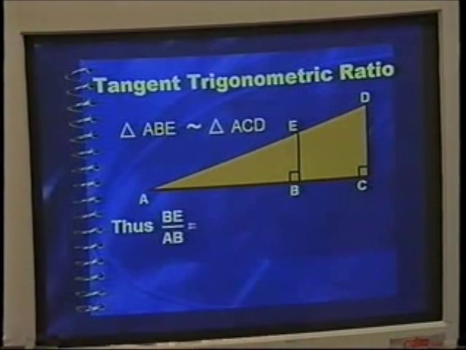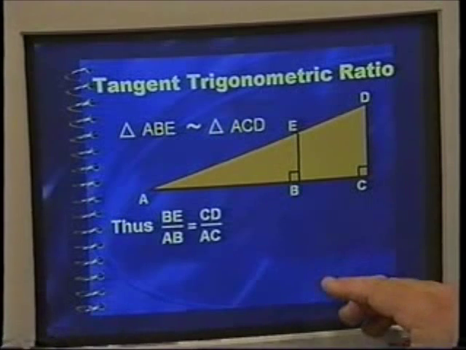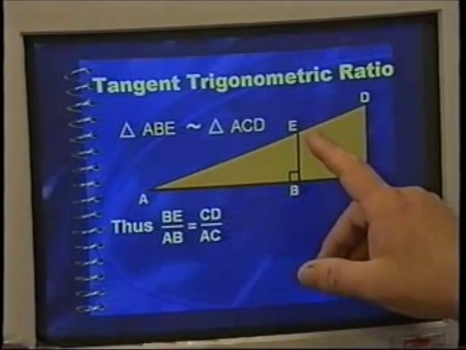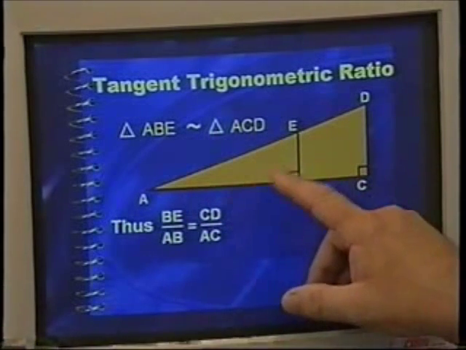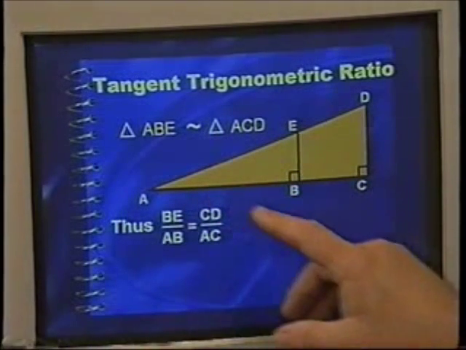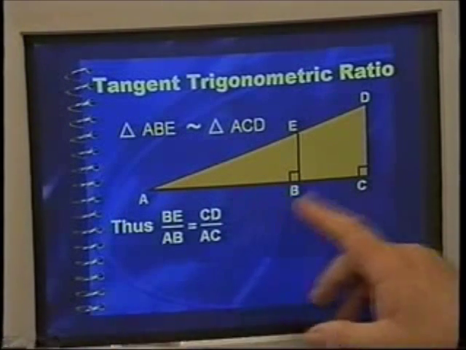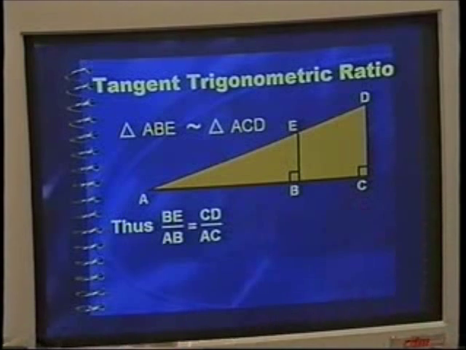Similarly for tangent. The tangent is defined as opposite over adjacent. Let's have a look. BE over AB, that is opposite over adjacent, is the same, that ratio, in the small triangle as it is in the big triangle. CD over AC.